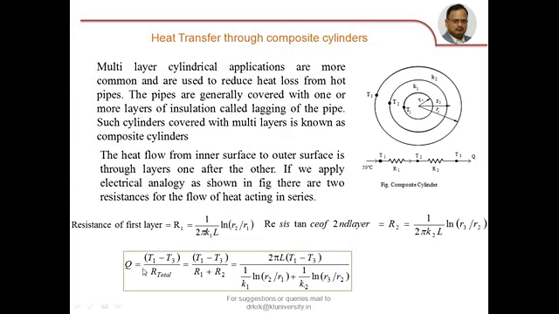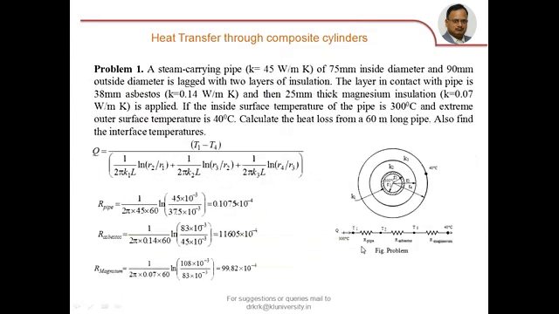This is the formula to determine the total heat transfer from inside surface to the outer surface, passing through the two conduction resistances of the layers R1 and R2. A problem.